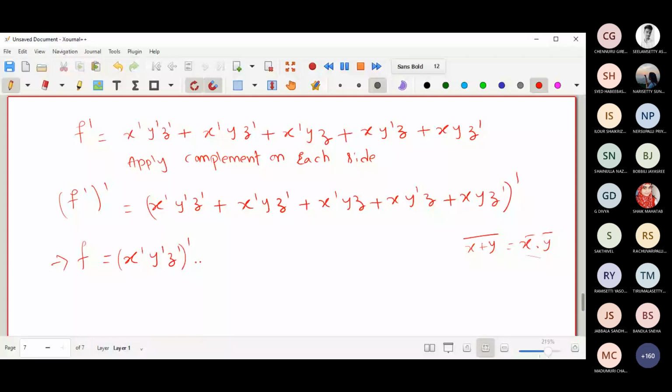dot, next this one, x complement, y, z complement whole complement, dot x complement, y, z whole complement, dot x, y complement, z whole complement, dot x, y, z bar whole complement.